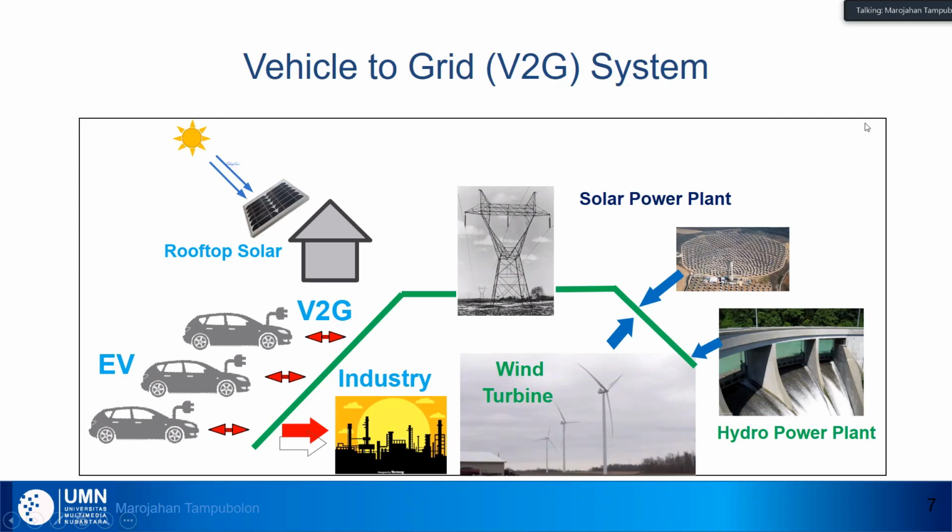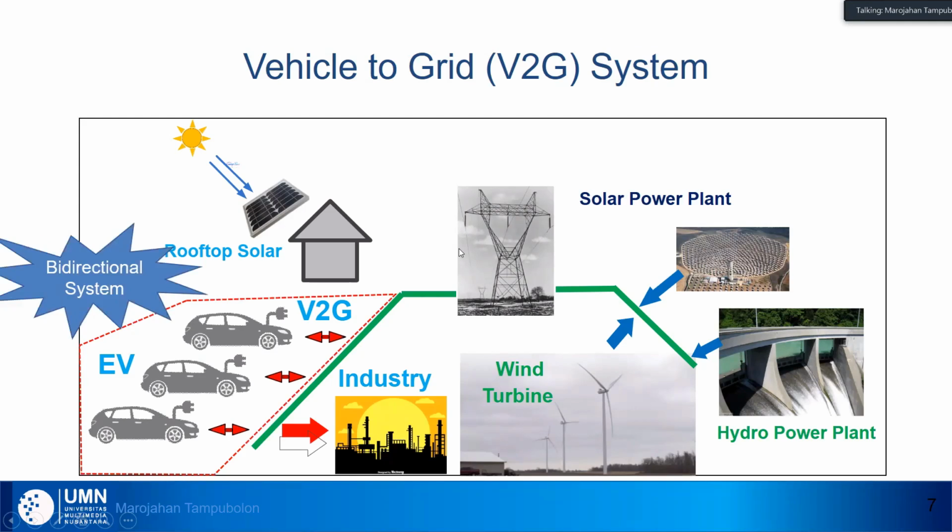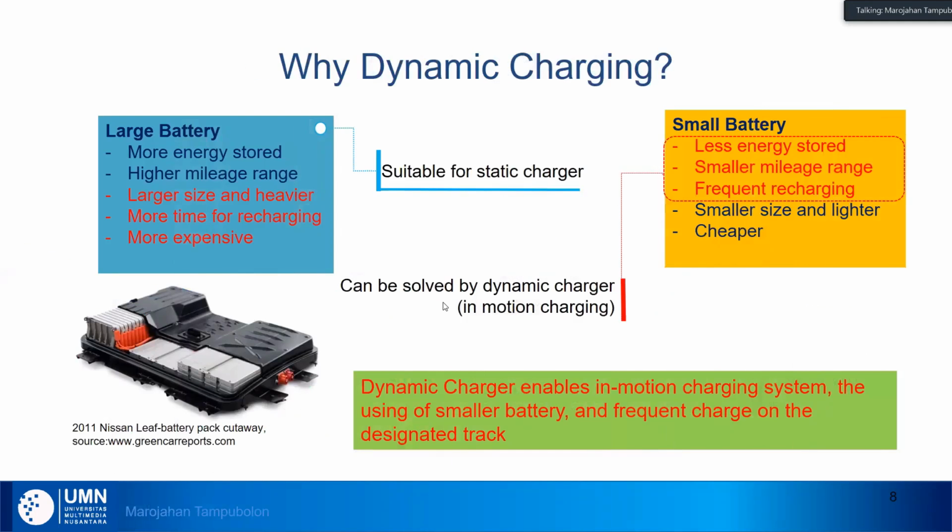So to enable this kind of technology, we need a bidirectional system. It enables the power flow from vehicle to grid and also grid to vehicle. This is one of the potential applications in bidirectional technology.